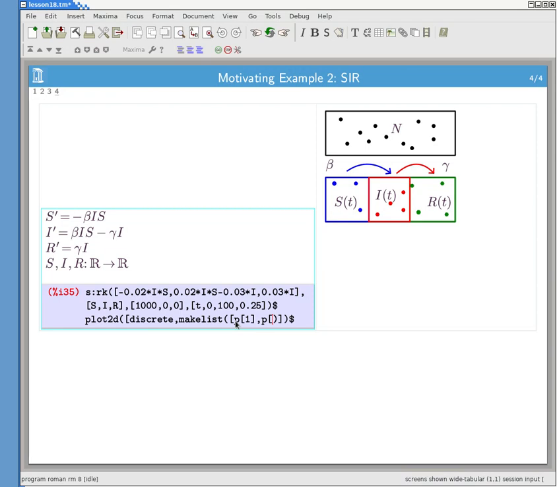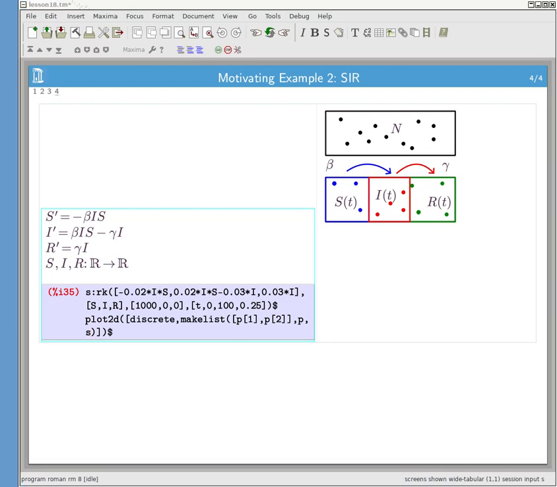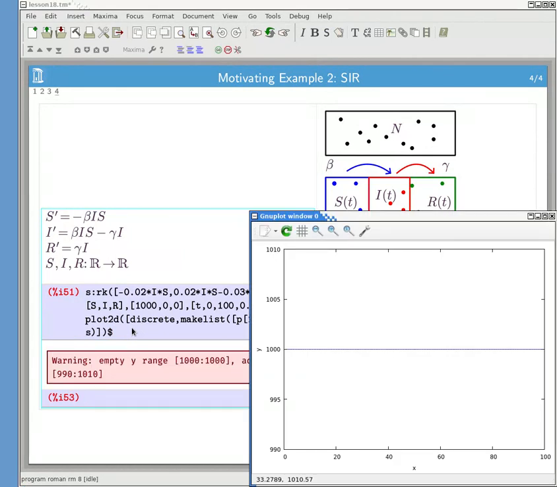The next element in that list is going to be the S values, and we are going to get this list from the solution which has been denoted by S. If we evaluate this, a solution pops up.